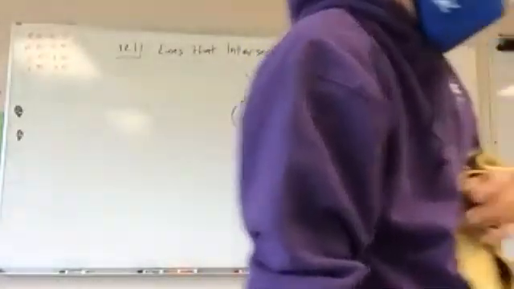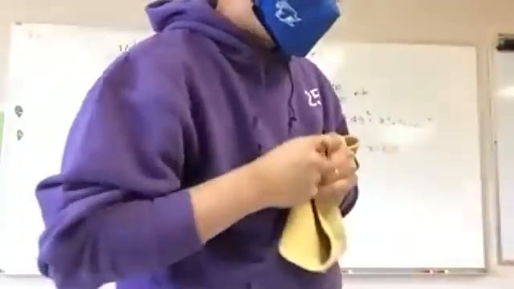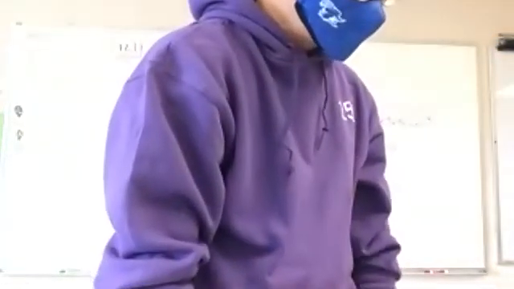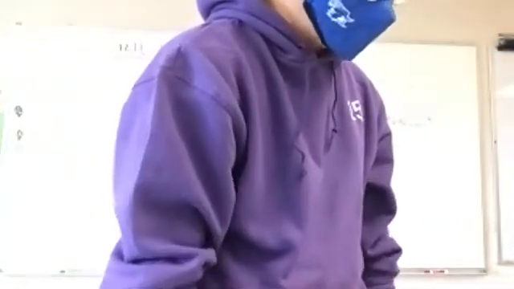So that's that. In the bottom of page 795, there's another theorem, 12.1-3. If two segments are tangent to a circle from the same external point, then the segments are congruent.